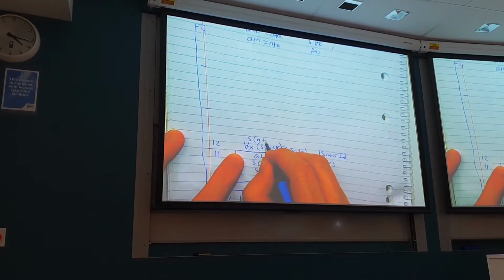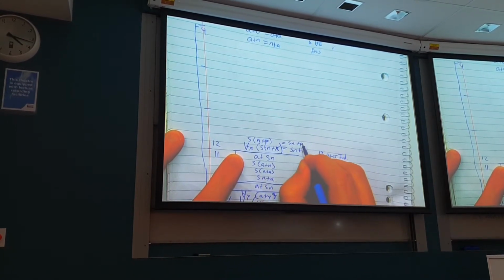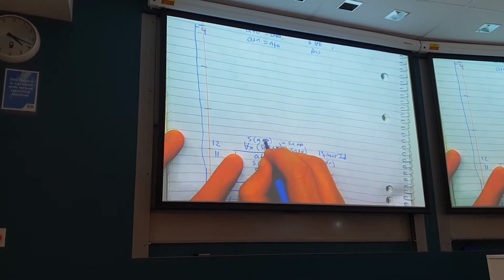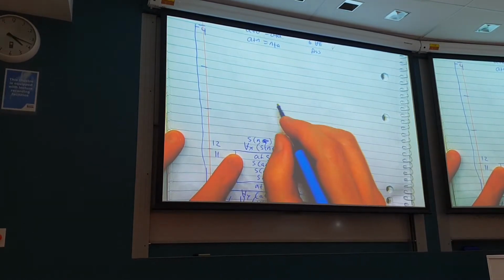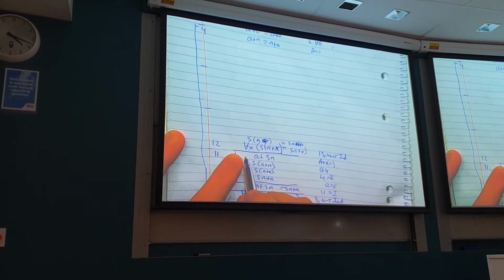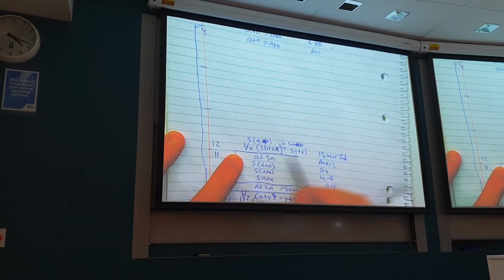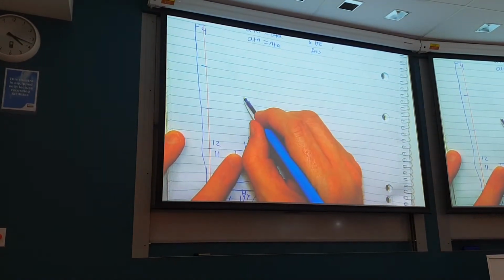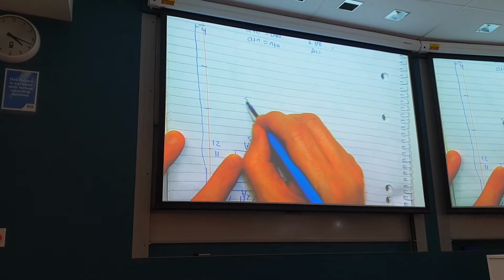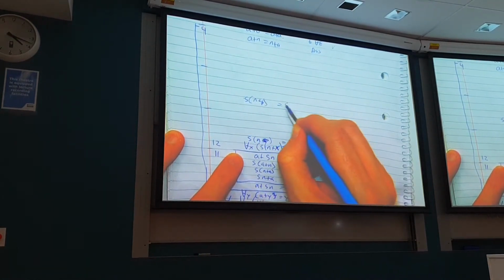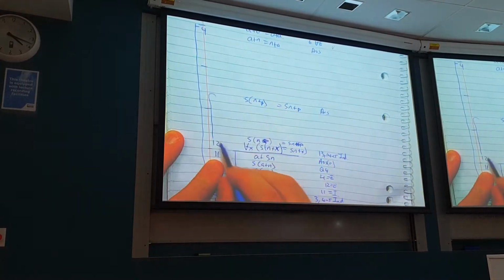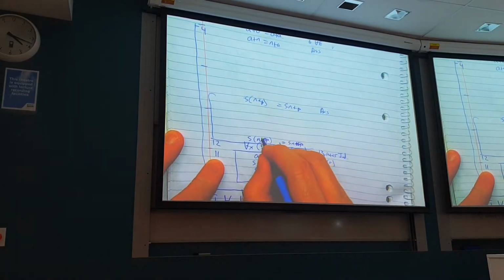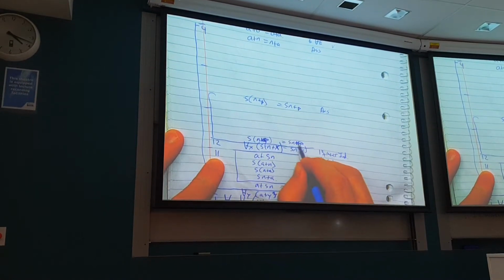S of n plus P is equal to n plus S of P. And we're going to assume the thing I wrote earlier a few lines up, S of n plus P equals S of n plus P. We assume that. Can we prove S of n plus SP is equal to n plus S of SP?